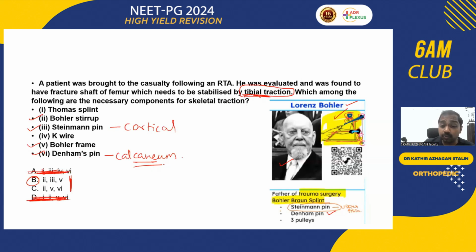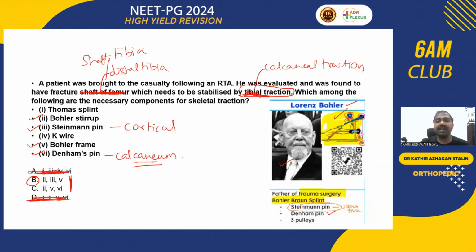But if they used calcaneal traction, and if they changed the question from fracture shaft of femur to fracture distal tibia or shaft of tibia, then the answer will become C. Did you understand, Aaron?